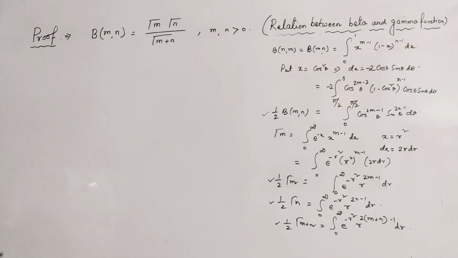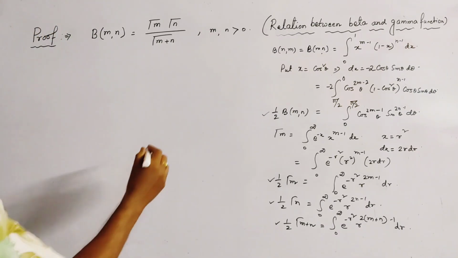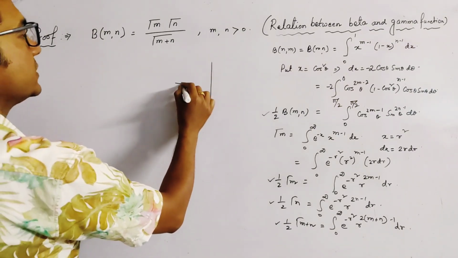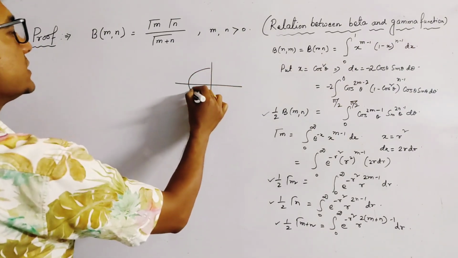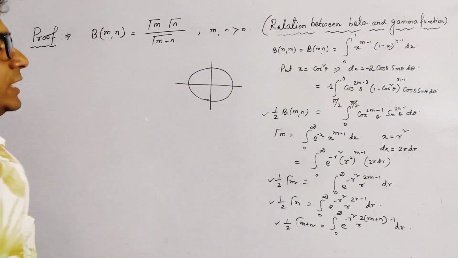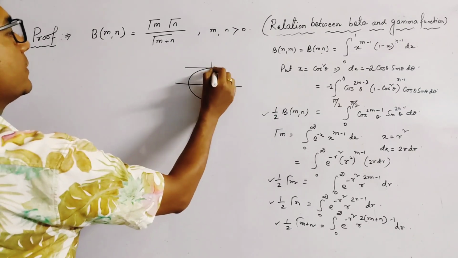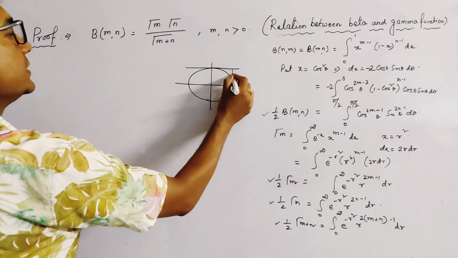Now we consider a region. We first consider a circle of radius a, and we consider a square like this.